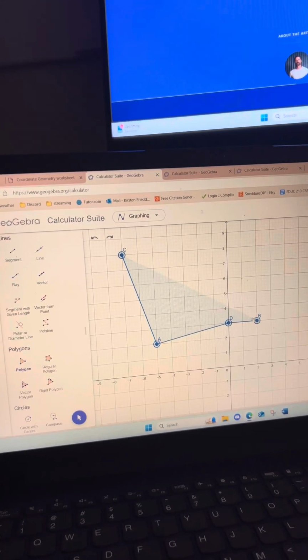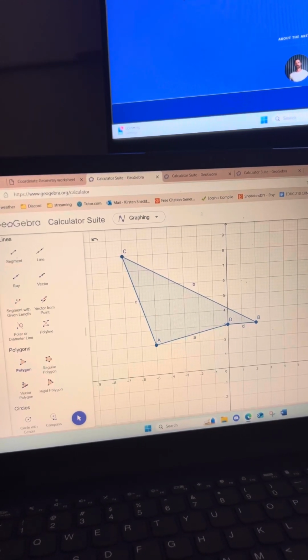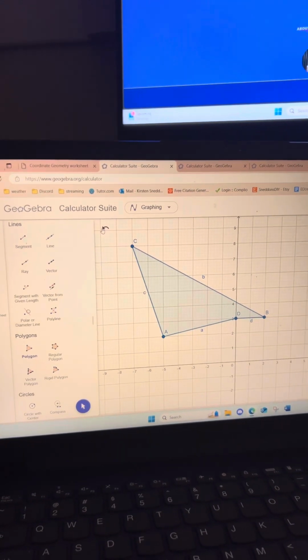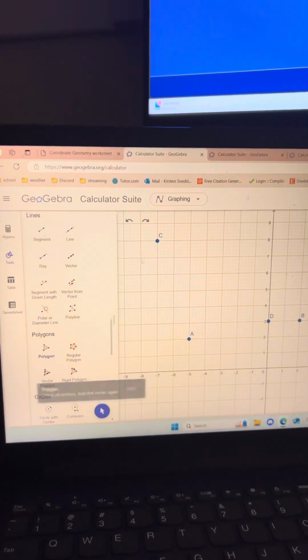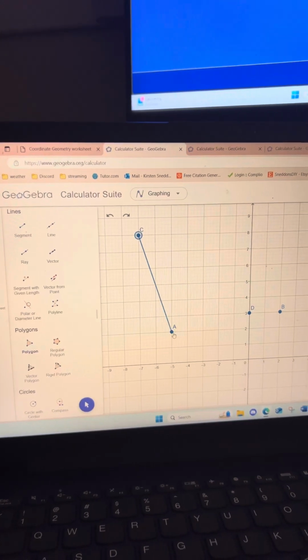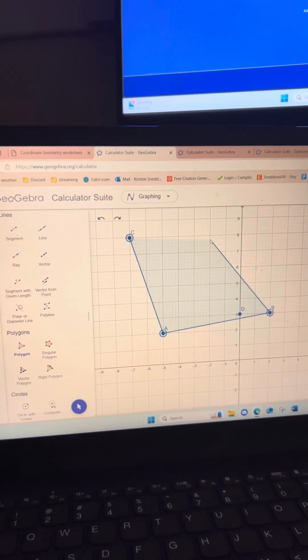I don't know what I did wrong, but I've been working on this problem for so long and I don't know what I'm doing wrong. So I'm gonna lose points.